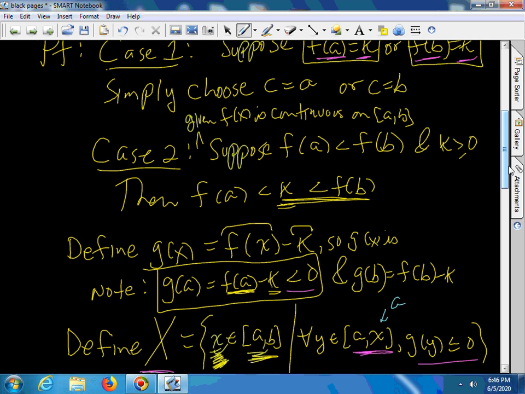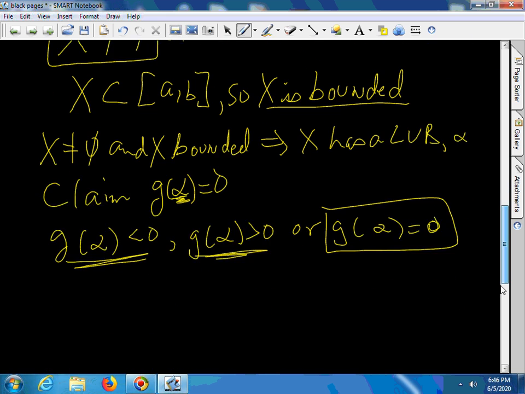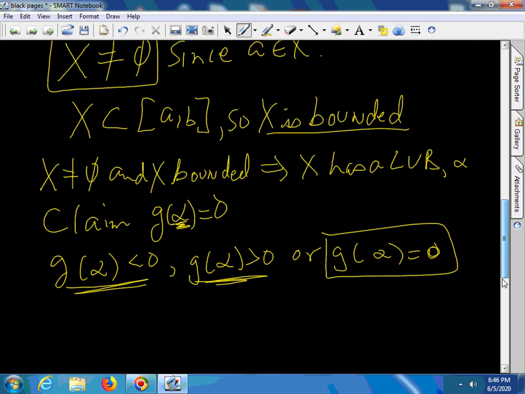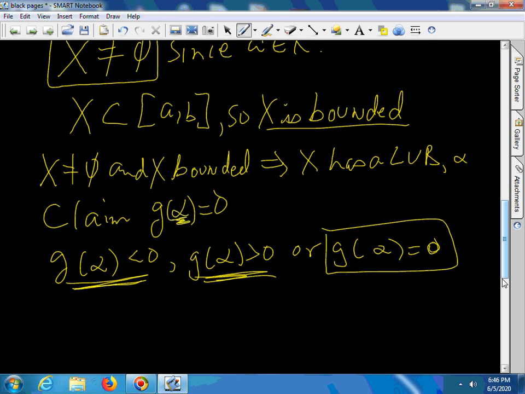So g of x is continuous on the interval AB. Okay, so now we have that. That tells us that g of alpha has to be one of them. The other alternative could have been that it didn't exist, but it's continuous. It has to exist. That is, g of alpha has to be something. Can't be undefined.